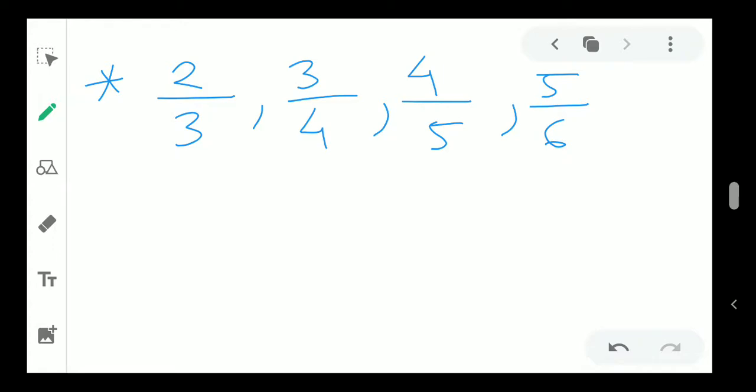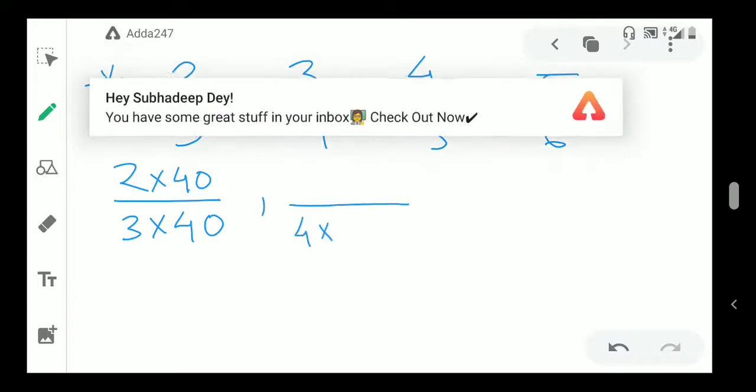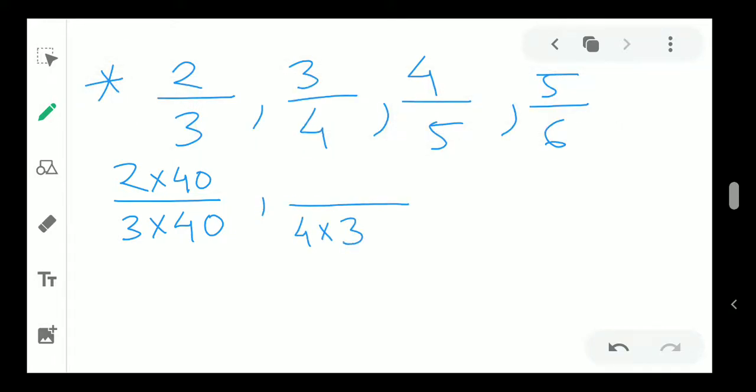So let's try. So 2 by 3, so downside has to be 120. So 3 40s are 120. So 2 into 40. 4 30s are 120. So 3 into 30. Then 5, you have to see what 5 goes for.